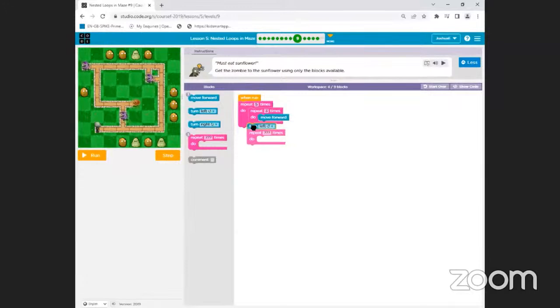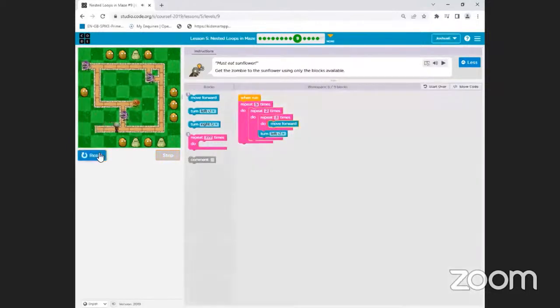Except I can't. I'll have to put this in here. And let's see what it does here.